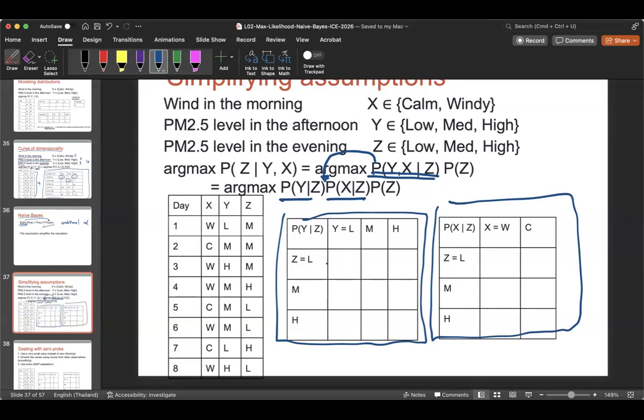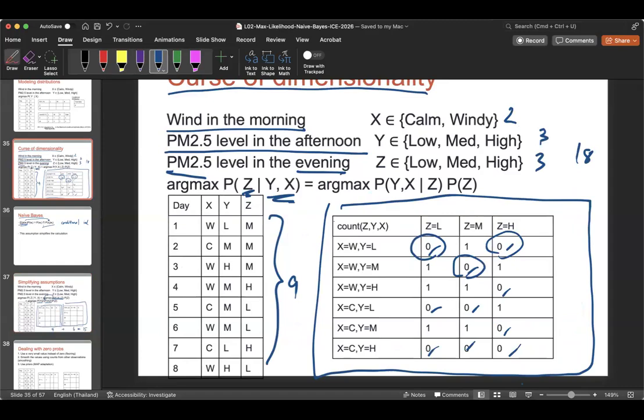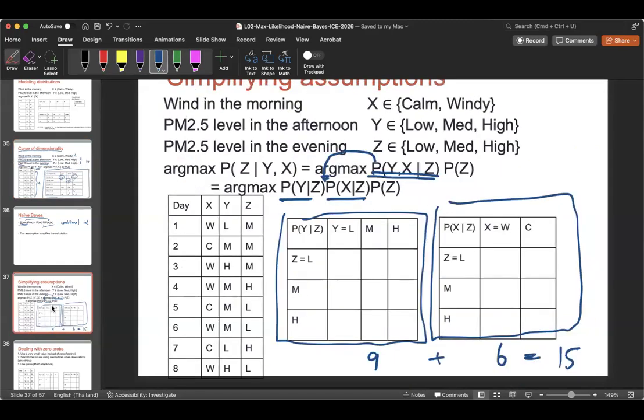So how many slots do I have? This is 9 slots. This is 6 slots. So I use only 15 slots that I need to estimate, instead of the 18 slots that I had earlier. By breaking down the problem into smaller pieces, I require fewer parameters for my estimation.